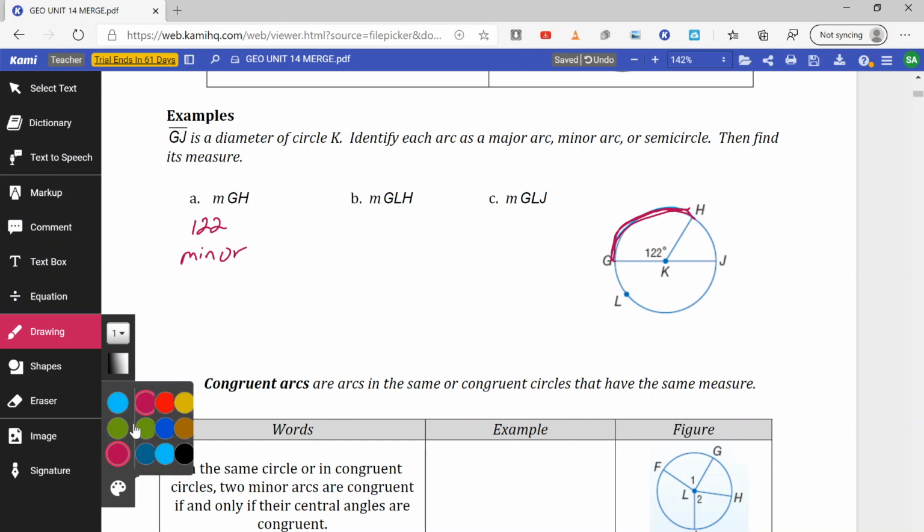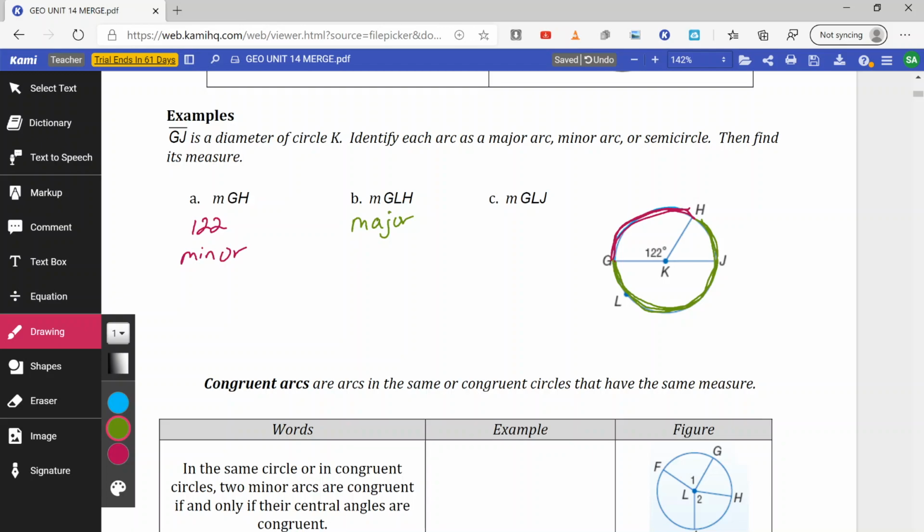Now, arc GLH. Here we have the notation GLH, so I have to go all the way around using this portion of it. This is the larger of the arcs, so therefore it is a major arc. And then we have to figure out what the measure is.